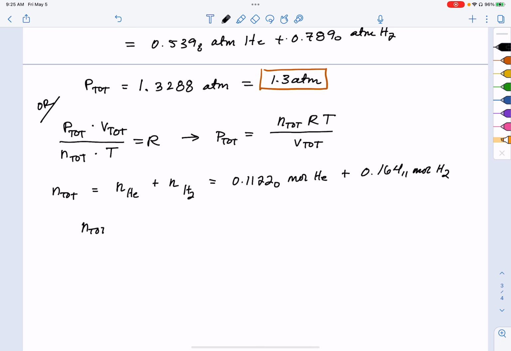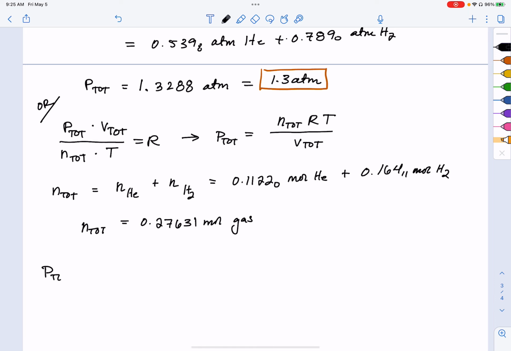So the total moles in the new open bulb, which is the same as the moles originally, it's just they were separated from one another. So 0.1122 plus 0.16411 gives me 0.27631 moles of gas in total.